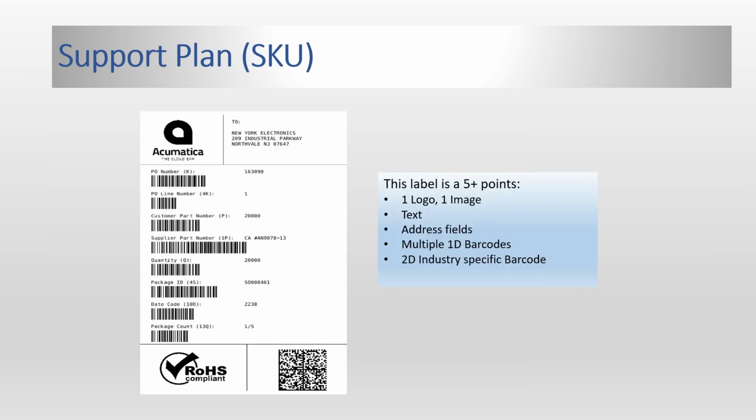And then if you go to a more complex label, let's say a 5 point label, you can have a logo, an image, a text, an address, multiple 1D barcodes. You can have 2D barcodes, or it is essentially an industry specific label. So that is the point distribution.